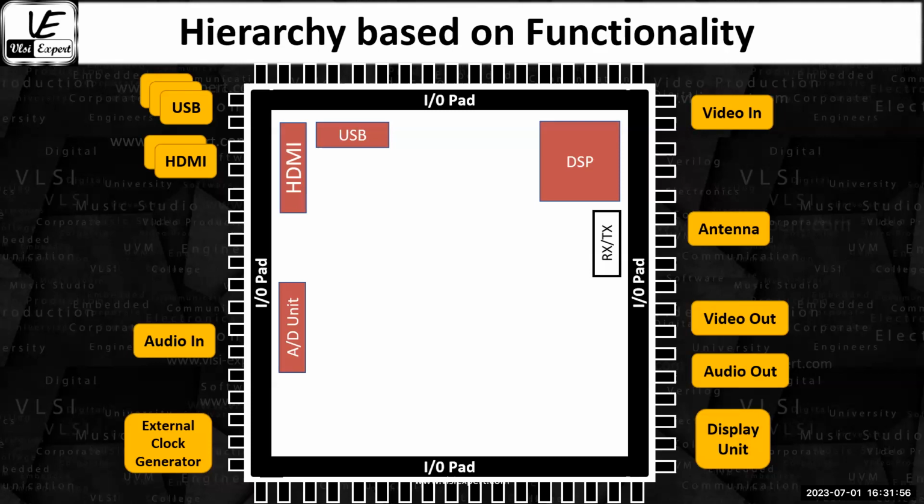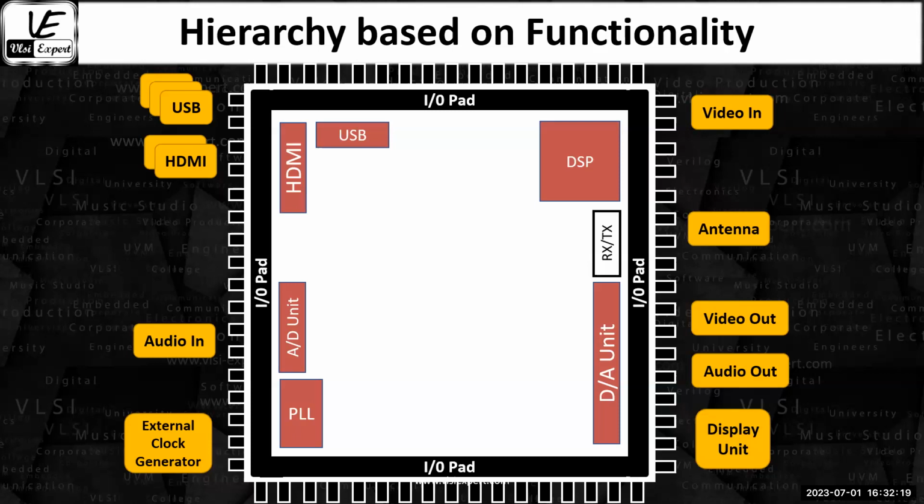You can do the same for power also. How you create the hierarchy depends on you. People create clock hierarchy, power hierarchy, and functional hierarchy. They do all these combinations.